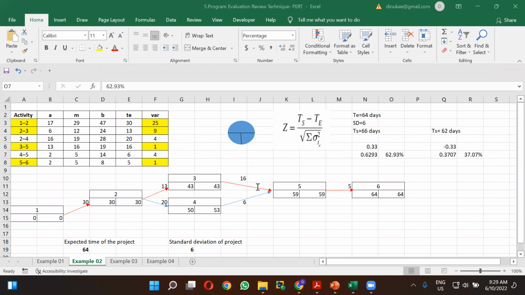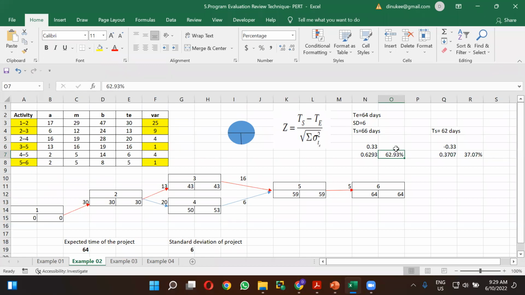Hello. Right. So this is the one part, right? There is another thing that you can do. So if we are having a 95% probability, in the first part of the calculation, we are calculating how much probability there is to complete the project within the scheduled time of 66 days and 62 days.